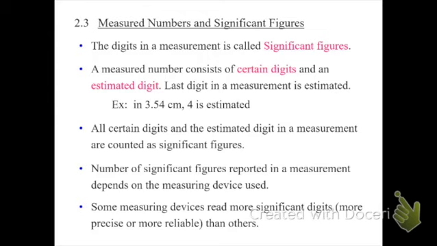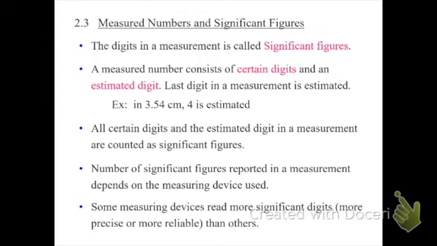So we have to look at significant figures, and we know that a measured number consists of certain digits and an estimated digit. The last digit in the measurements is always estimated. For example, if you have 3.54 centimeters, 4 is always estimated. So I'm going to give you an example or show you why that's the case.